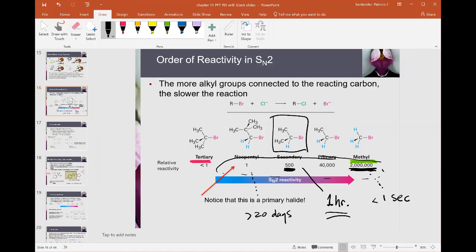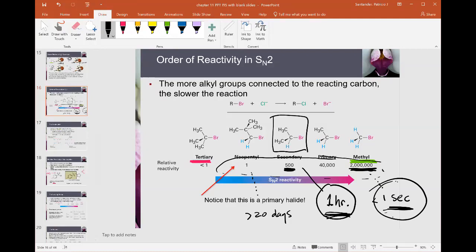When I calculated that, if the reaction with the secondary halide took 1 hour, the reaction with the methyl bromide should take less than 1 second. So it's almost an explosive reaction, right? So fast. So most likely it will be necessary to slow down the reaction somehow.